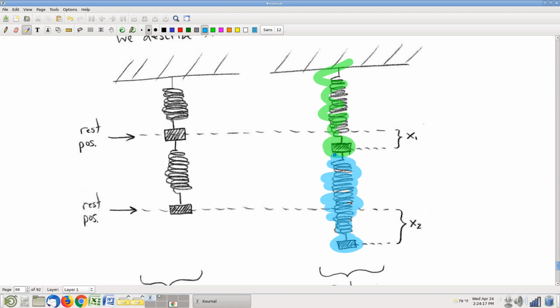Now I'm going to pull the whole thing down in some weird way and let go. With one mass, you sort of know it's going to oscillate, or maybe the amplitude will decay, or maybe it'll asymptotically approach the natural point, whatever. But what's going to happen with two masses, with two springs?